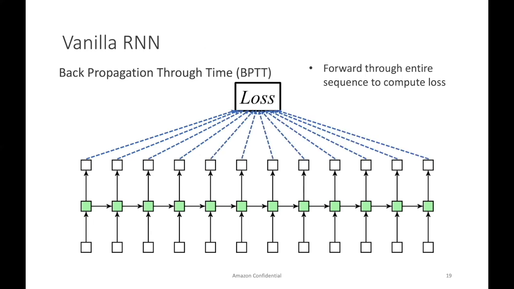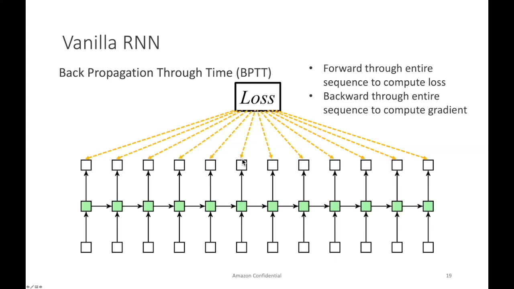That loss we discussed earlier, wherein it could be frame by frame loss, or it could also be that at the end of the sequence you will have just one loss coming from here in case of sentiment analysis, and then that loss is backpropagated through each of these nodes. Basically the weights are shared, but backpropagation will enable us to compute at each time point what was the contribution to the error, and then that will be used for updating the weights.